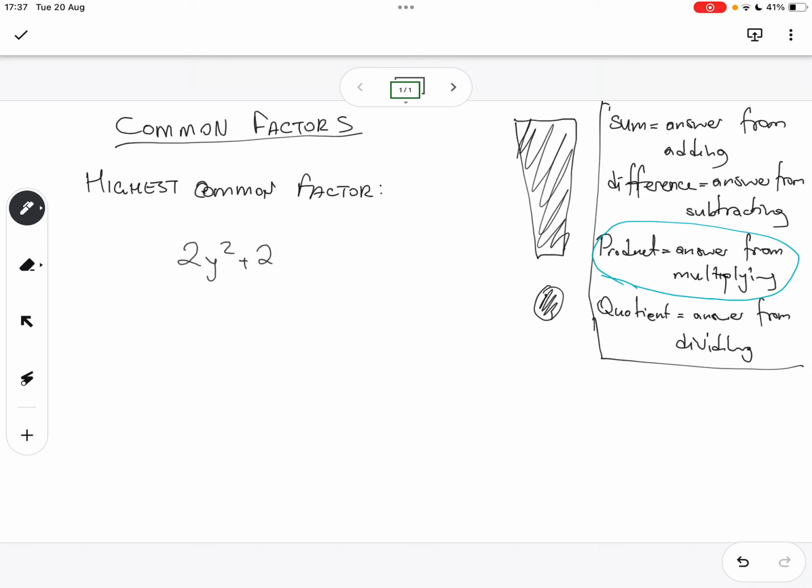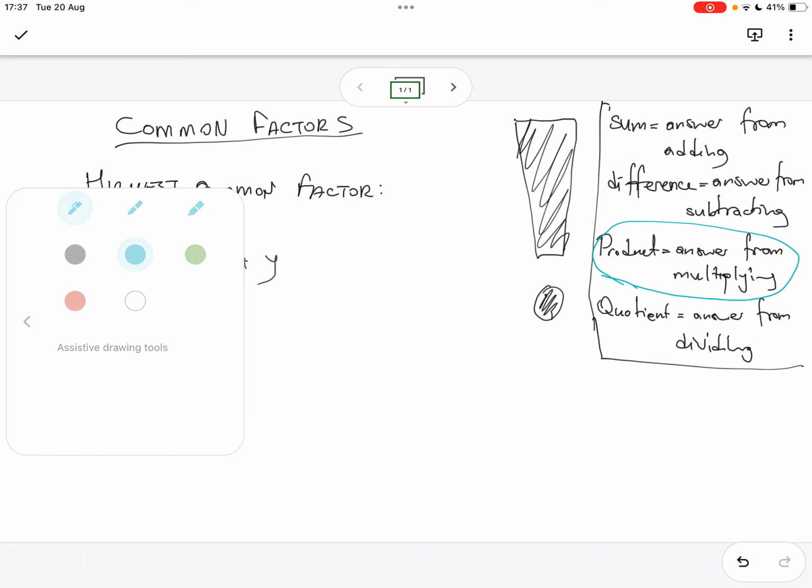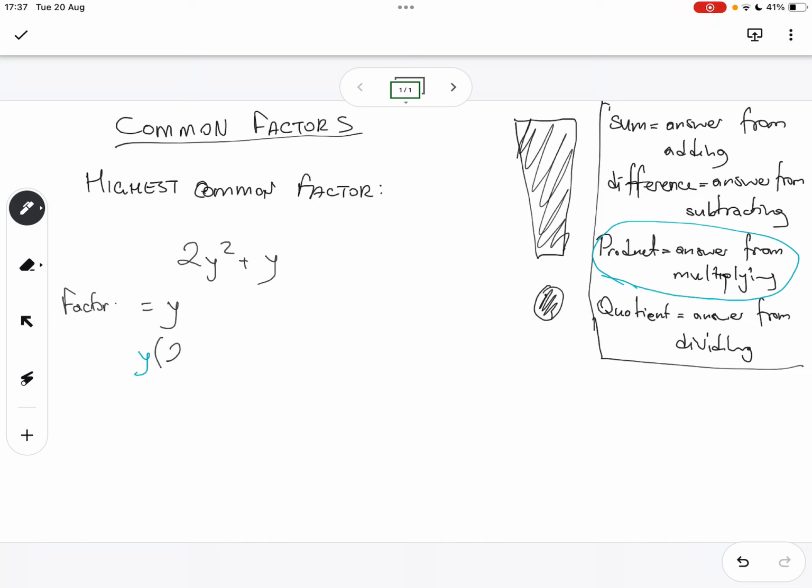The first thing is that if you have an expression like 2y squared plus y, and we take out a common factor from this expression, the common factor is going to be y.